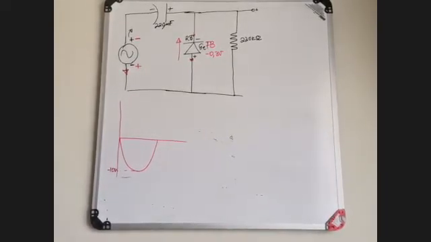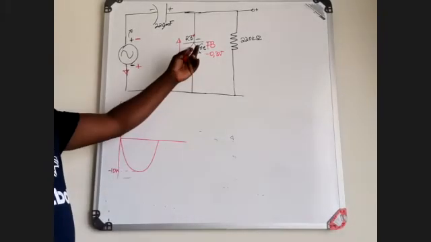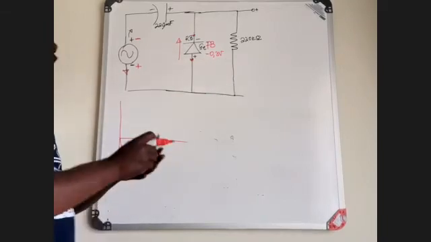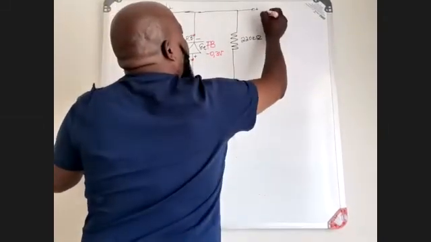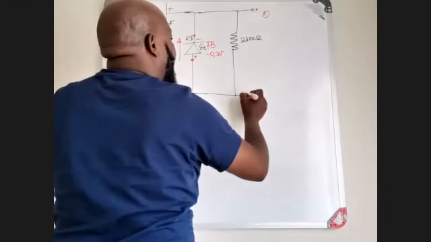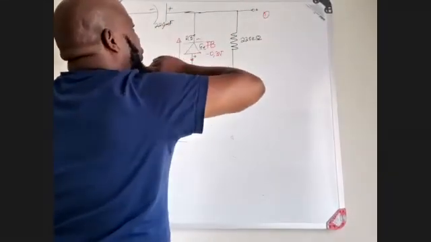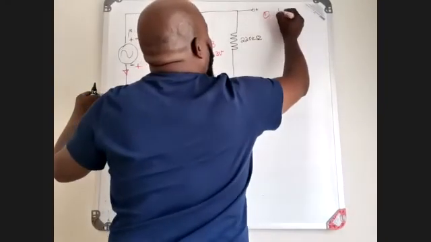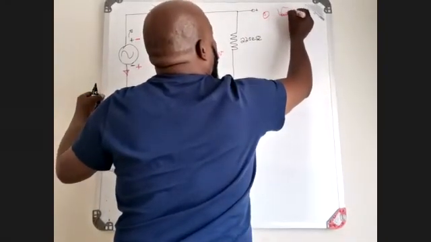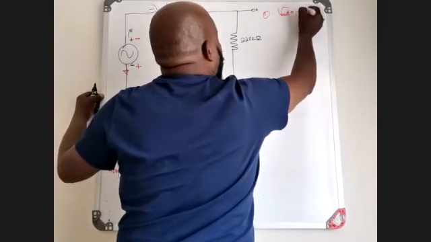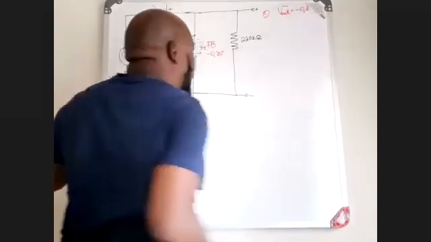With germanium, the voltage drop that can be established within this component is going to be 0.3 volts, which means the first voltage that you are going to measure, your V out, is going to be minus 0.3 volts.